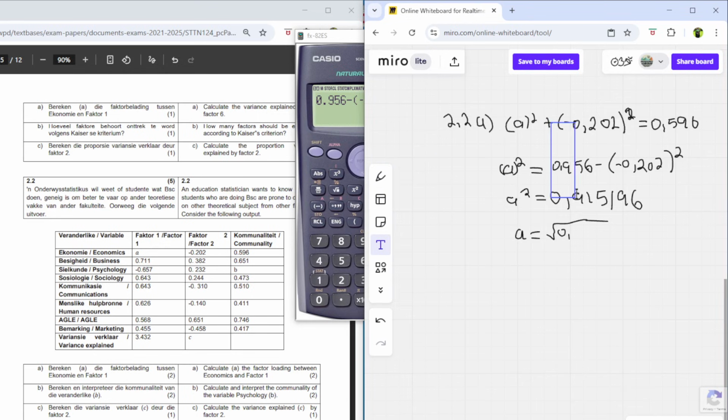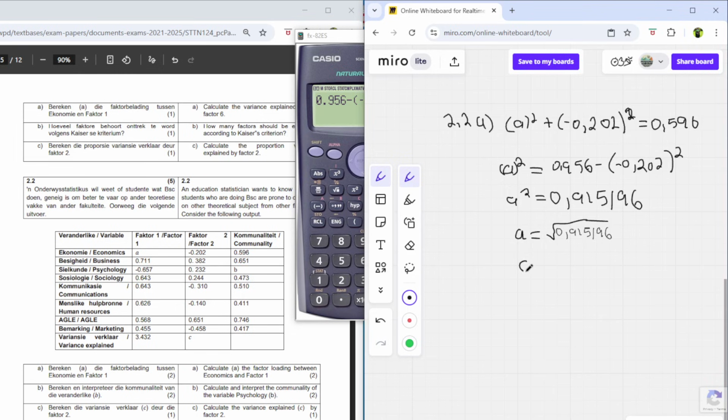Let me actually do this. Control C, Control V. There we go. 0.915196. That is our equation over there.